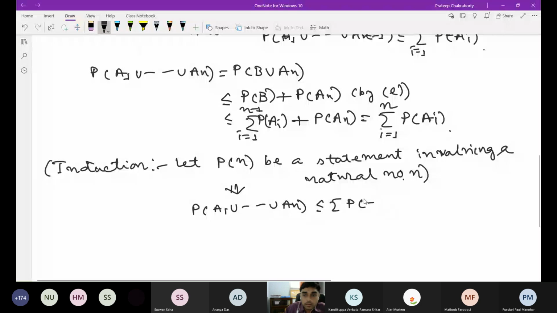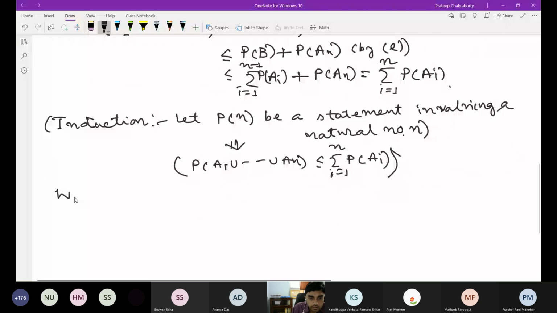But problem is how to prove this. This is one such statement. How to prove this? We have to prove this for all natural number n.